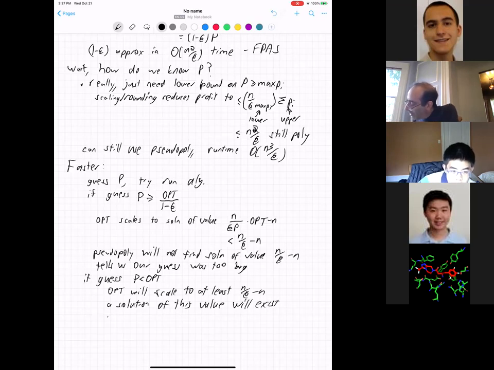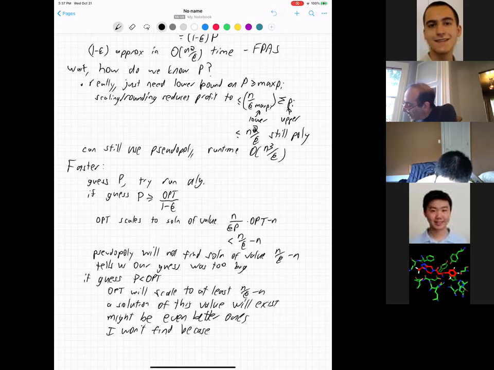Now, if I guess too small, there might be even better solutions, and I won't find them because I stopped looking at n over epsilon minus n.